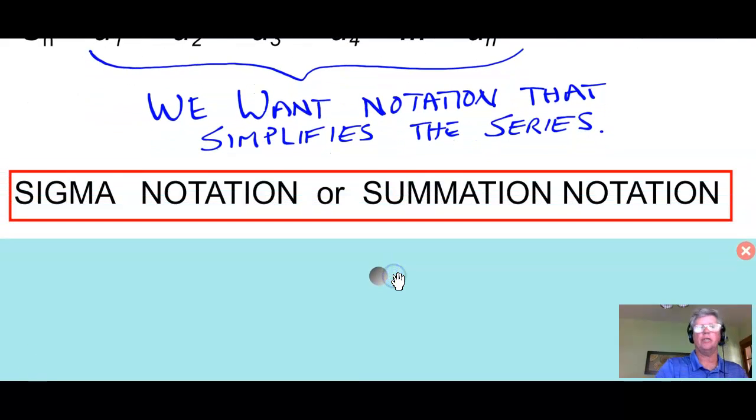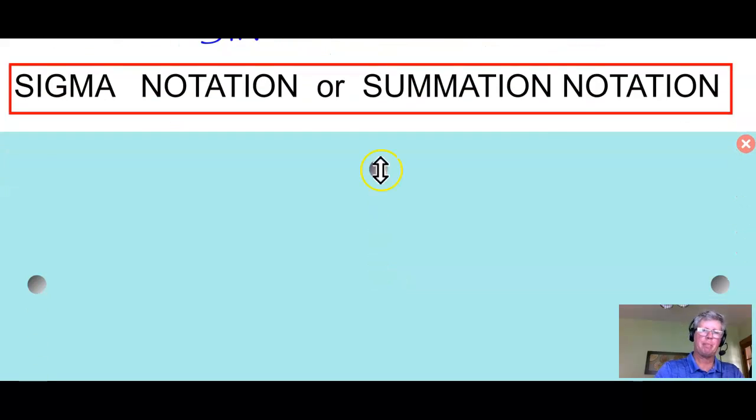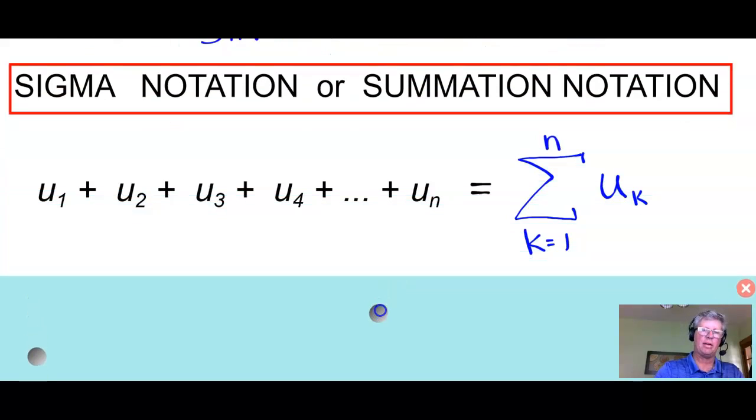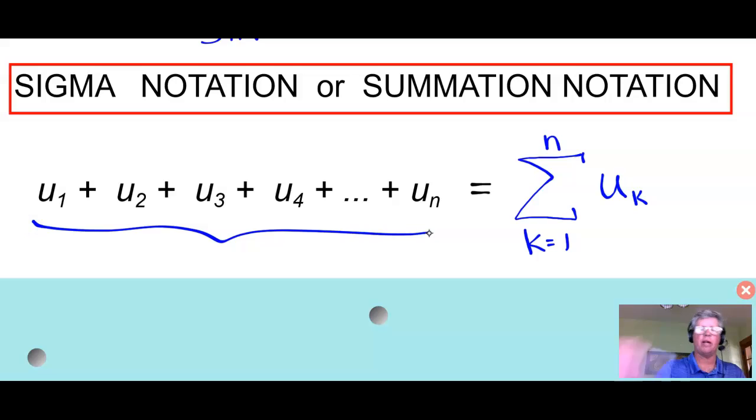All right, so it is called sigma notation, sometimes called summation notation. Same thing. There it is. So we're going to rewrite a bunch of terms. So if we had this and we're like, gosh, I don't want to write all those terms, we use this notation. And there's a lot going on here.